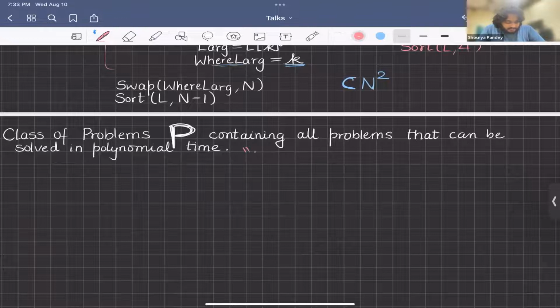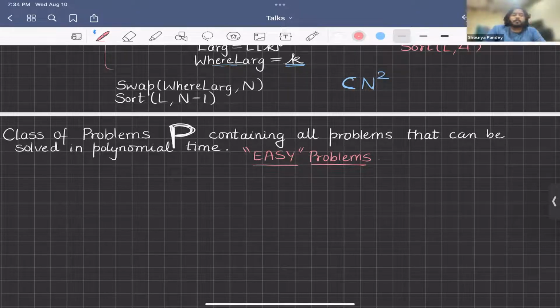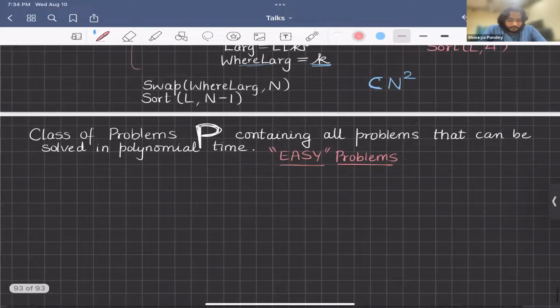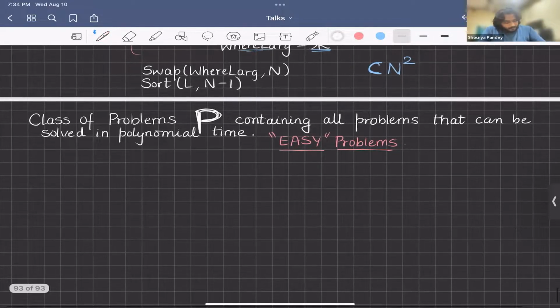And these are informally referred to as easy problems, because polynomial time is just viewed as easy. It may not be true practically, but theoretically we just refer to it as easy.